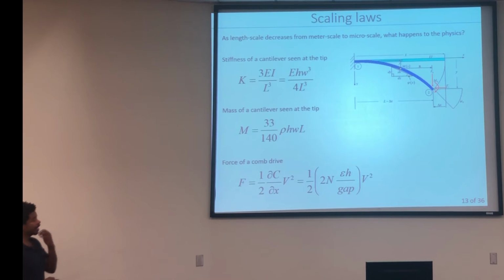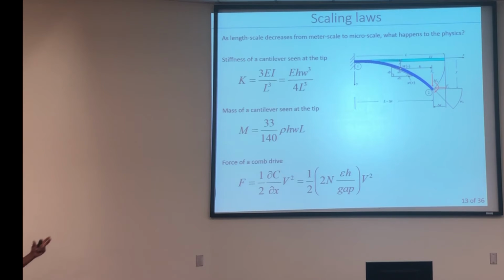So, for scaling, if you look at stiffness, you can clearly see that the things that can scale are things that scale by length. So you have your layer thickness, your width, and your length. Okay?